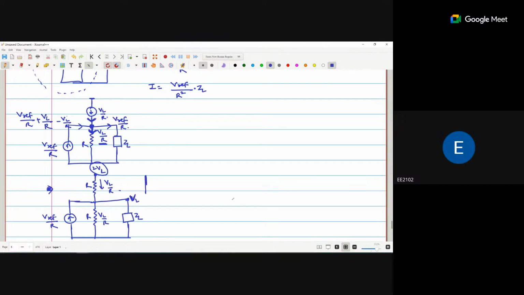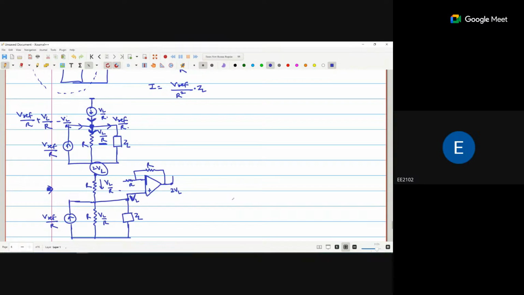With one operational amplifier that we are using in a positive feedback. Okay. In the negative, we are connecting one resistance R. In the feedback, we are connecting one resistance R. So we are getting a 2VL voltage here.